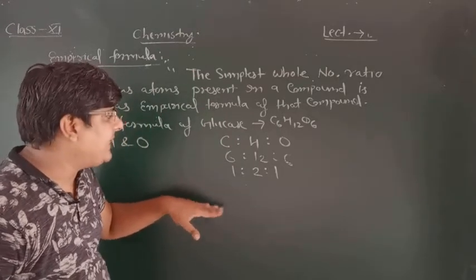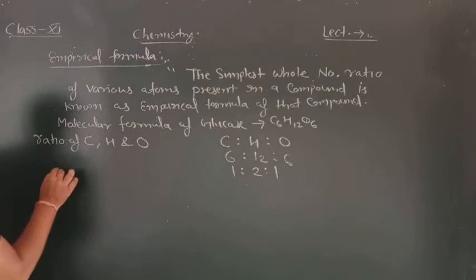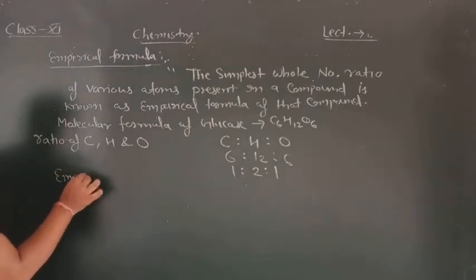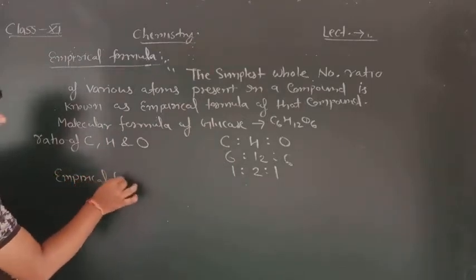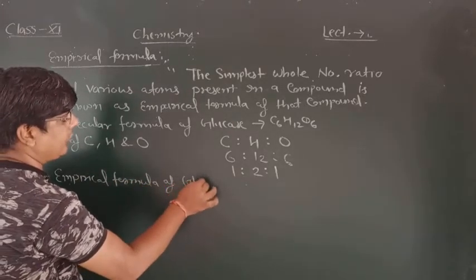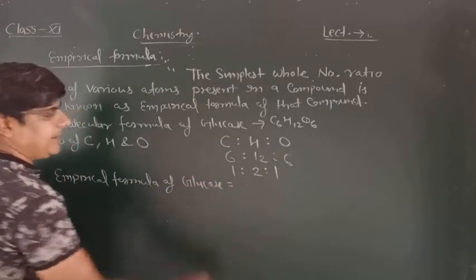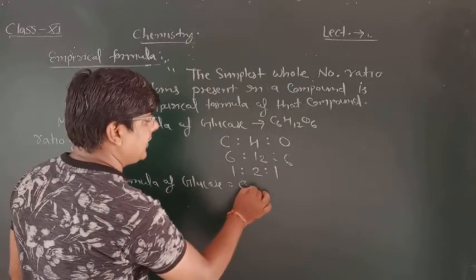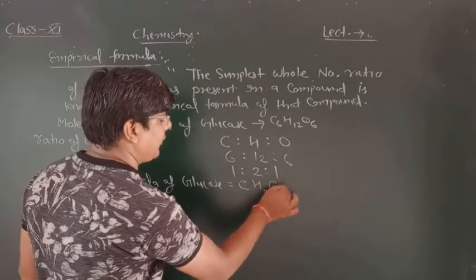So the empirical formula of glucose will be, here carbon is 1, hydrogen is 2 and oxygen 1.